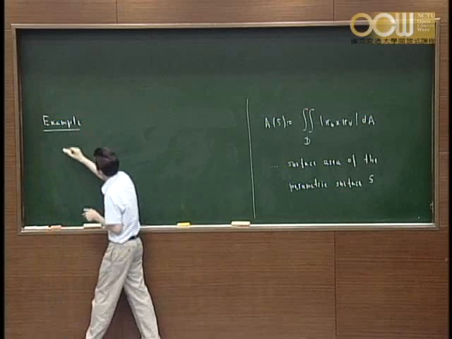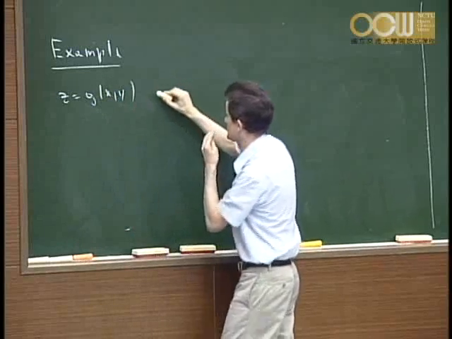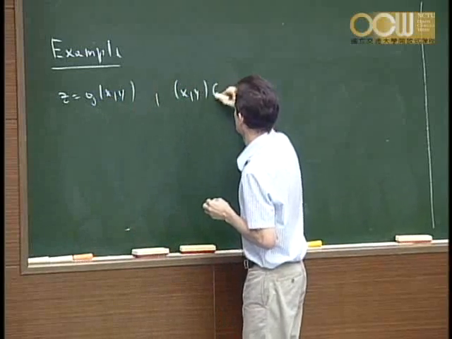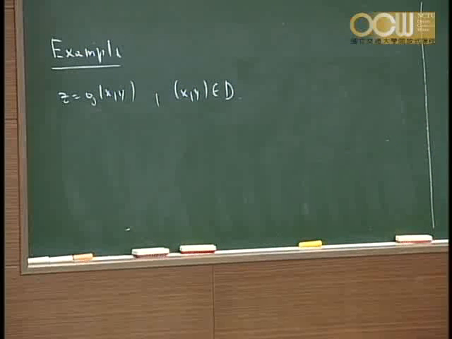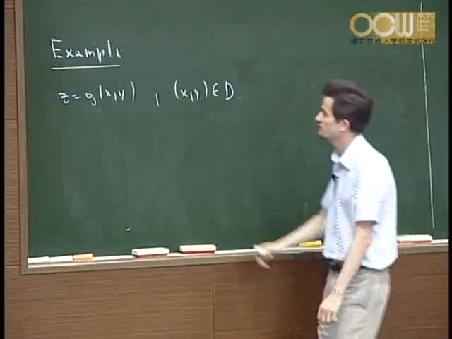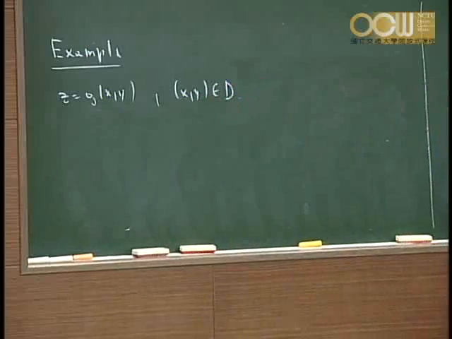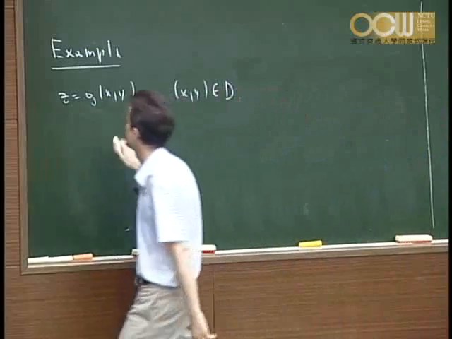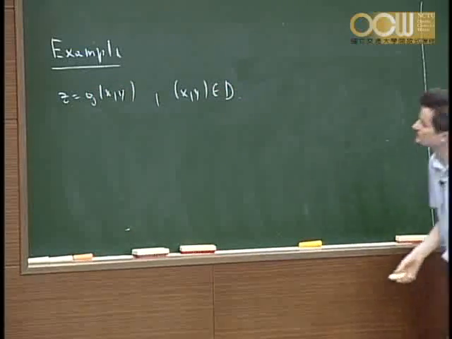If you are given a function g of two variables, with x, y in D, and you have to compute the surface area of the part of the graph which lies above D, this was a special case which we have considered before. If we look at this special case, then we should of course get the same result. Now this of course is true.